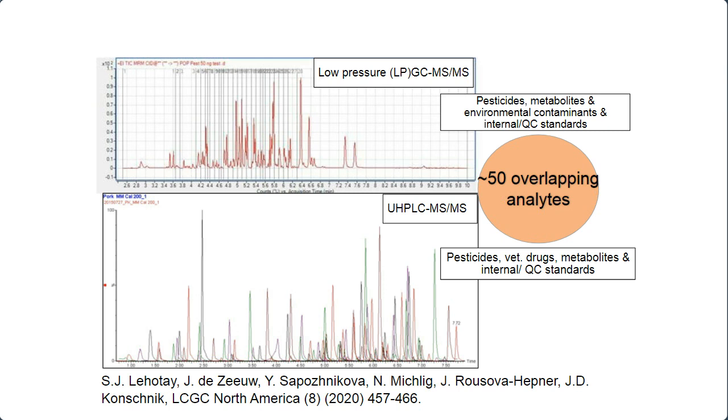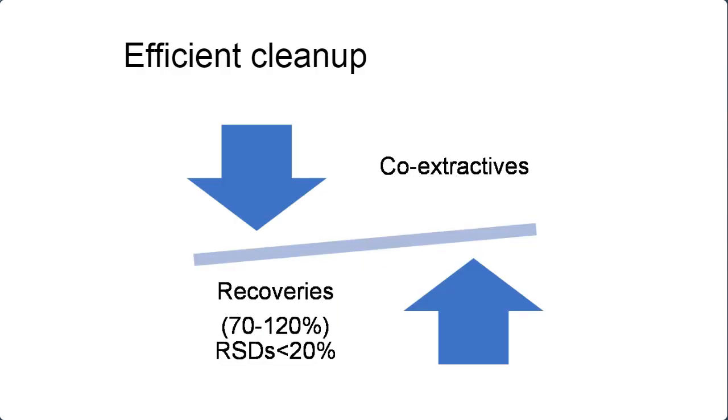So I was talking about cleanup, and what makes an efficient cleanup is removing co-extractive components and also achieving satisfactory validation parameters. By satisfactory parameters, we mean recoveries from 70 to 120% with RSDs below 20%.